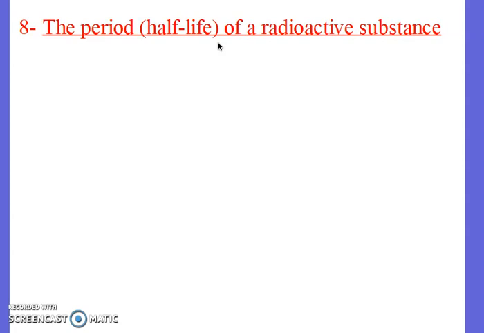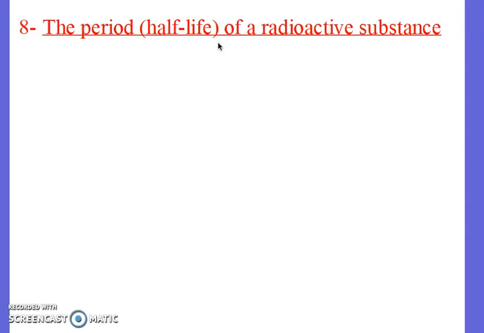Means if we have right now 20 unstable nuclei, tomorrow they will not be 20 unstable. Why? Because some number transform to more stable nuclei, right? So if you have 20 X nuclei, tomorrow they will be less than 20 X.